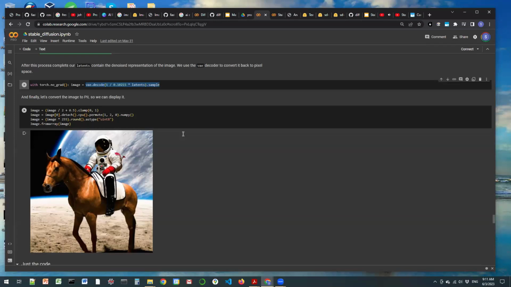That's why we don't use the VAE encoder during inference. What we do in inference is only use the VAE decoder, to take the denoised latents and shove them through the VAE decoder, which is the decompression algorithm, if you will.